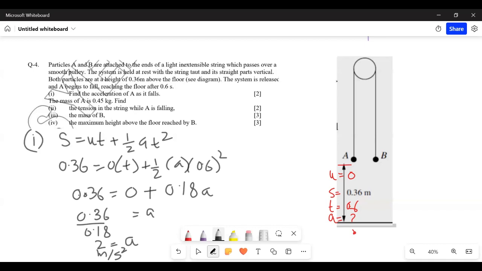The mass of A is 0.45 kgs. Find the tension in the string while A is falling.